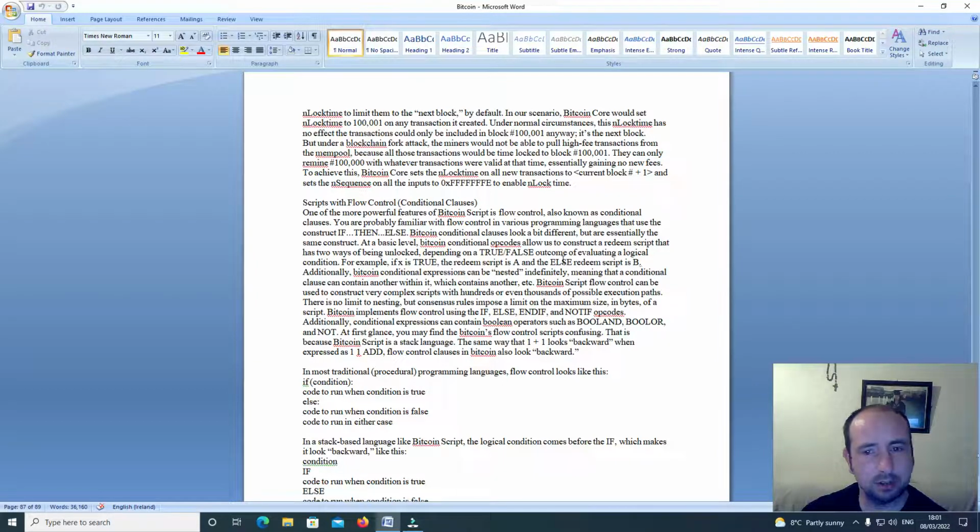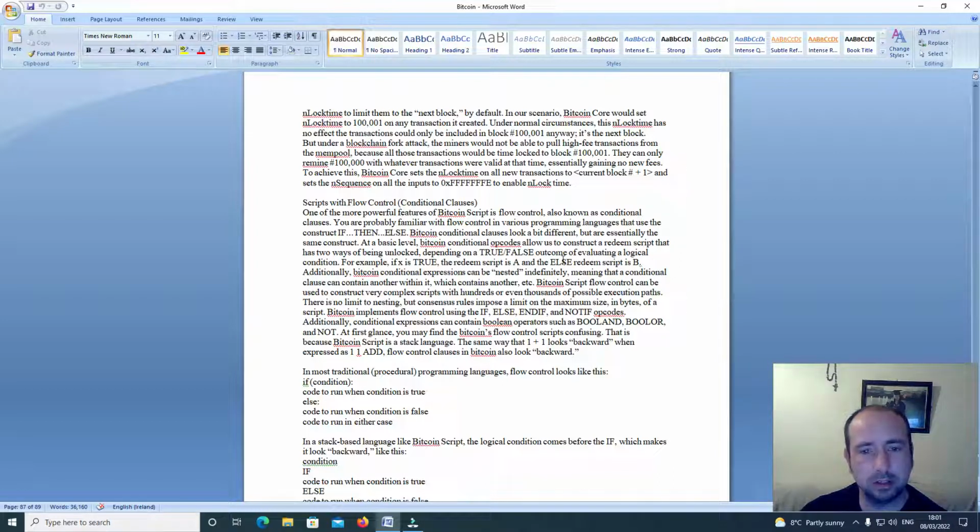Under normal circumstances, this nLockTime has no effect. The transactions could only be included in block 100,001 anyway. It's the next block.